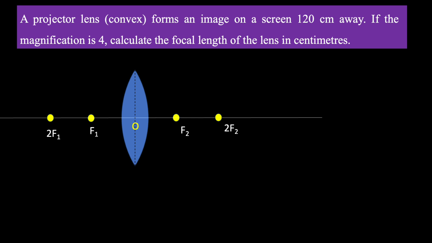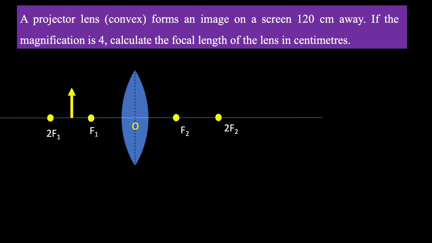A projector lens, which is a convex lens, forms an image on a screen which is 120 centimeters away. If the magnification is 4, calculate the focal length of the lens in centimeters. Magnification is 4. When is that possible? The object must be between f1 and 2f1.